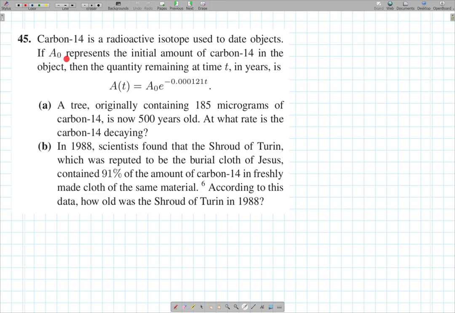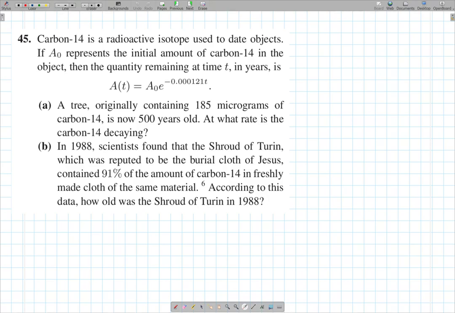If A0 represents the initial amount of carbon 14 in the object, then the quantity remaining at time t in years is A of t equals A0 e to the power of negative 0.000121 t. Okay?